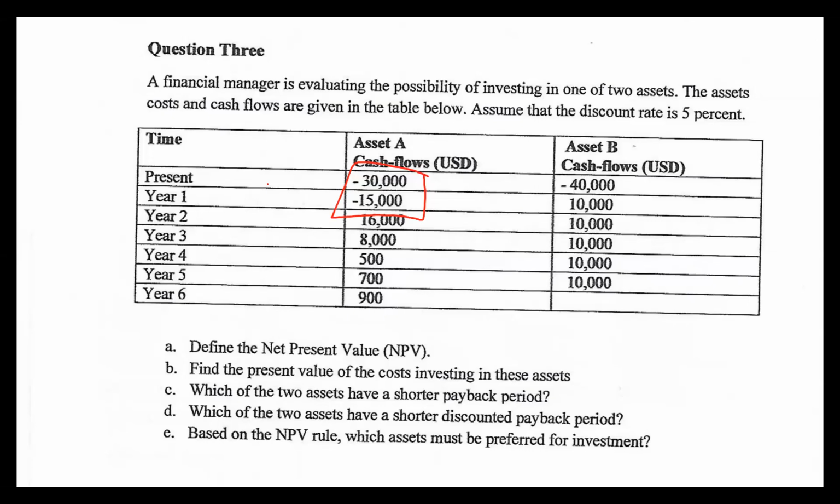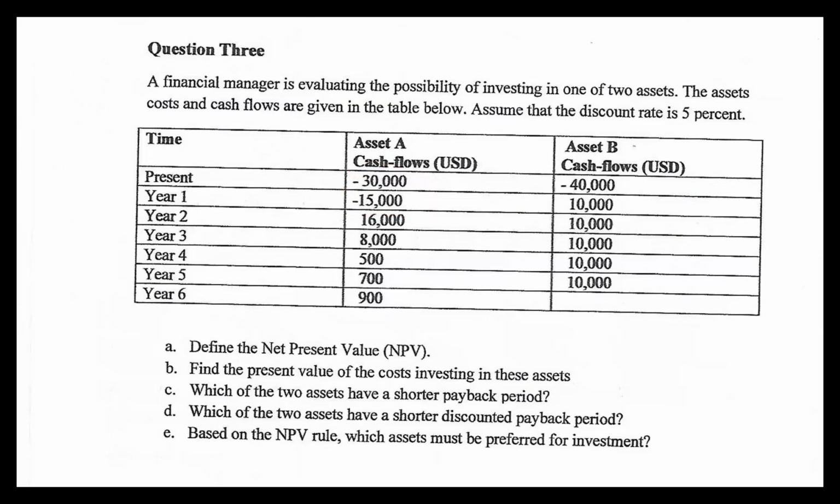Then in the first year, you receive 10,000, 10,000, 10,000, 10,000 up to the 5th year. In the 6th year, you receive 900. Second year, you receive 16,000. Then the question starts saying, can you define the net present value?